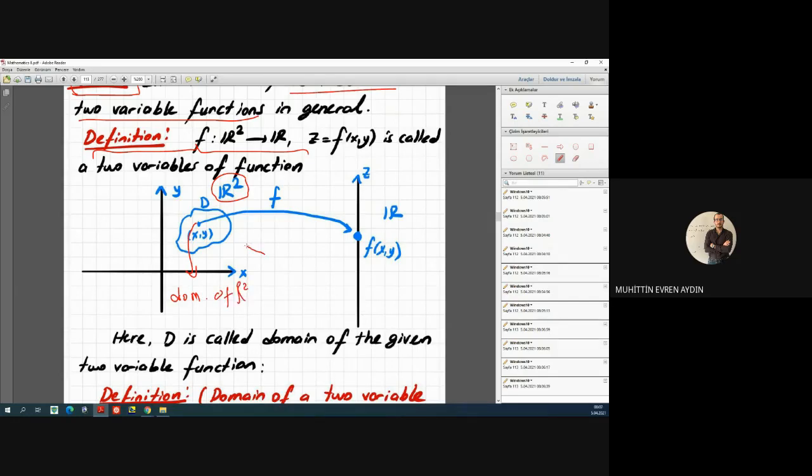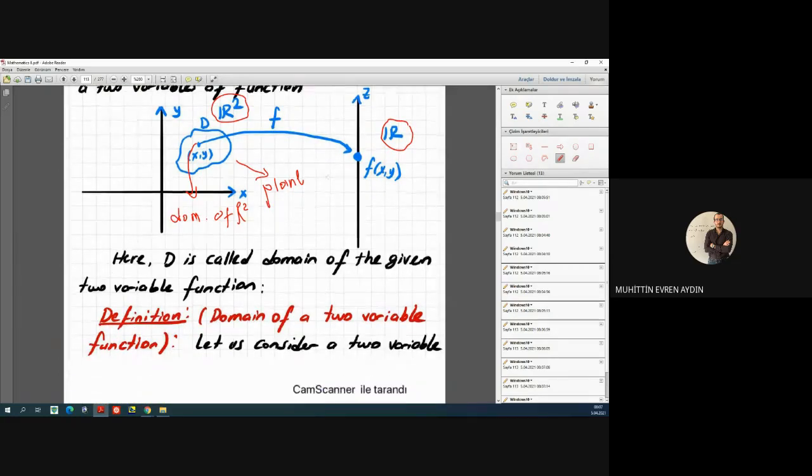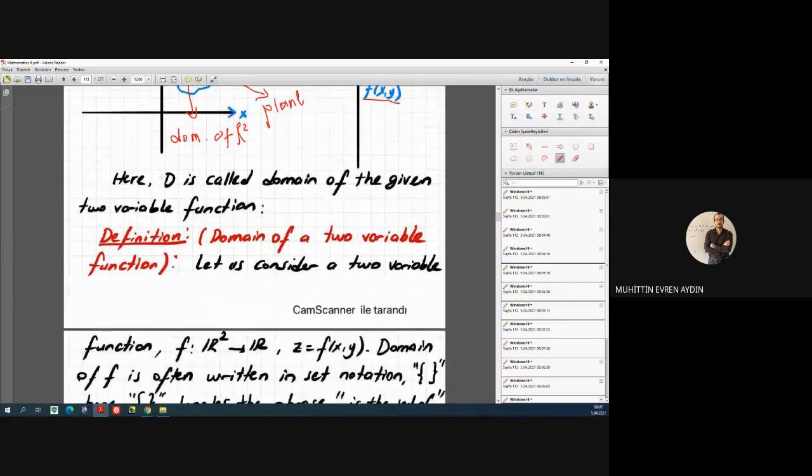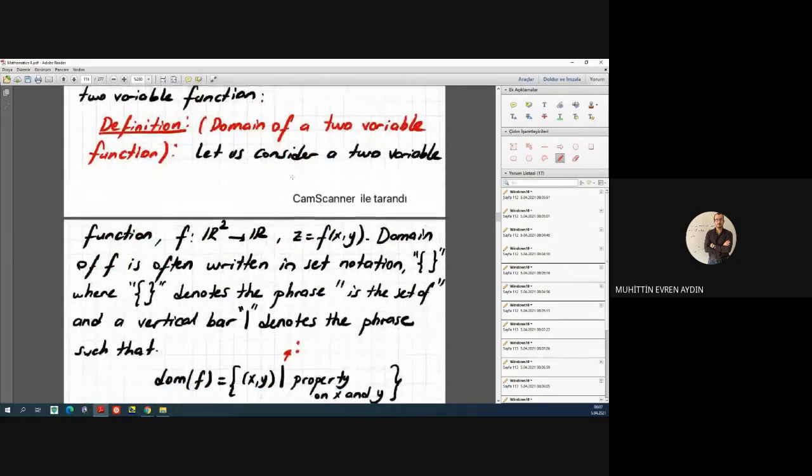We shortly call it the plane. And the range, as you can see, is the real axis, and f is a function mapping the point (x, y) to the value f(x, y).